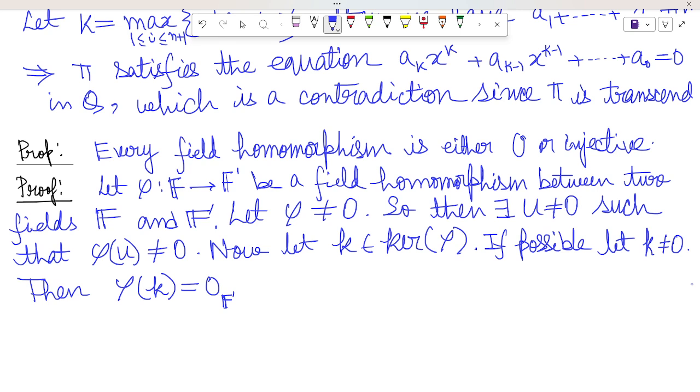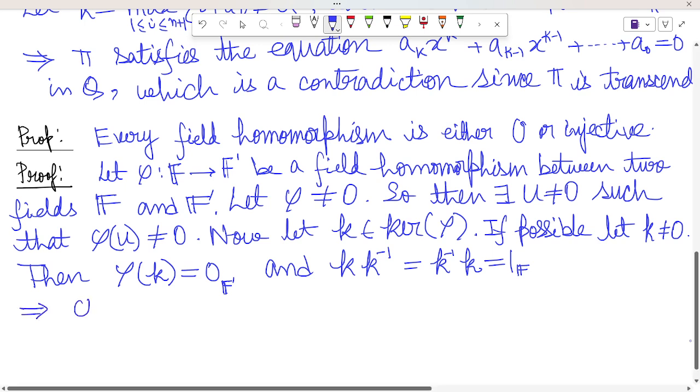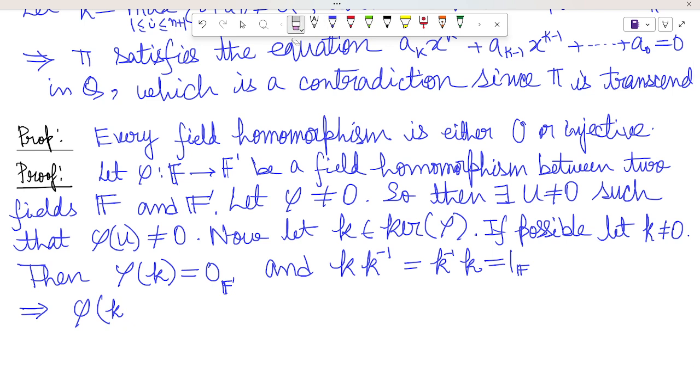Then, guys, take phi of k, phi on both sides.